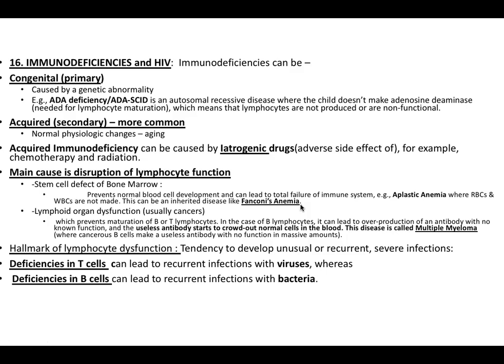Aplastic anemia is a terrible anemia. It's not what you think of. It's not iron deficient anemia. What aplastic anemia means is that the red blood cells and white blood cells are just totally shut down. The bone marrow is totally shut down. The stem cells are totally shut down.